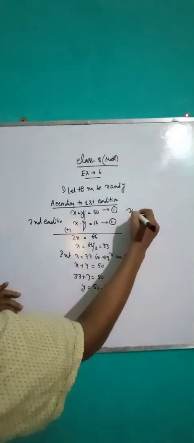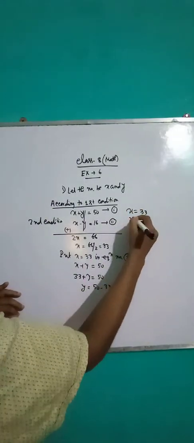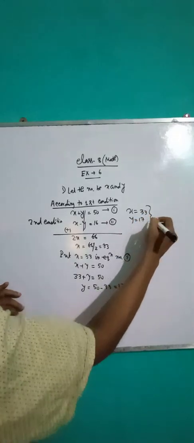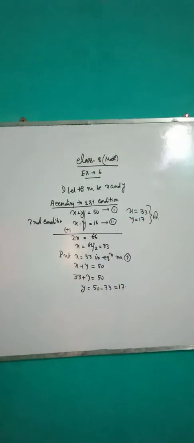So the x answer will be 33 and the y answer will be 17. Clear? So in this way you read the question, make the first equation, then solve it. Make the equations and then you will be able to solve it.